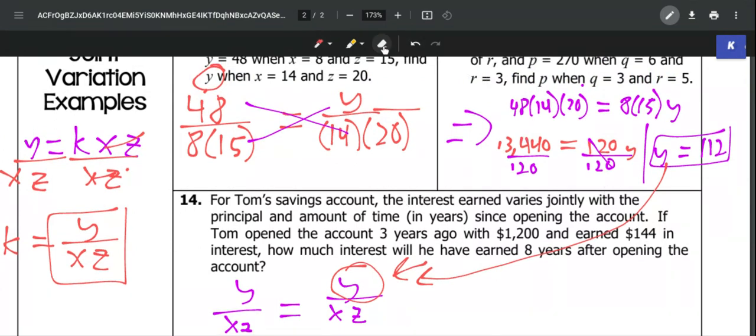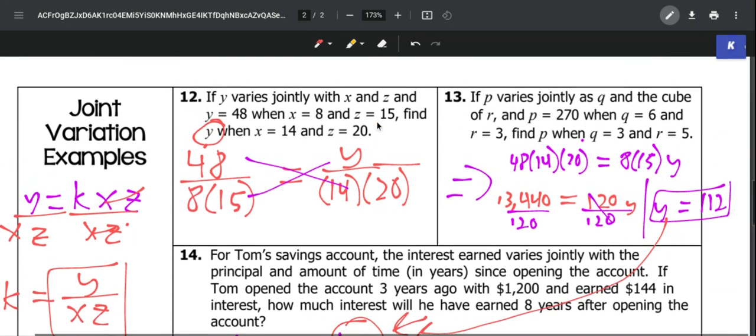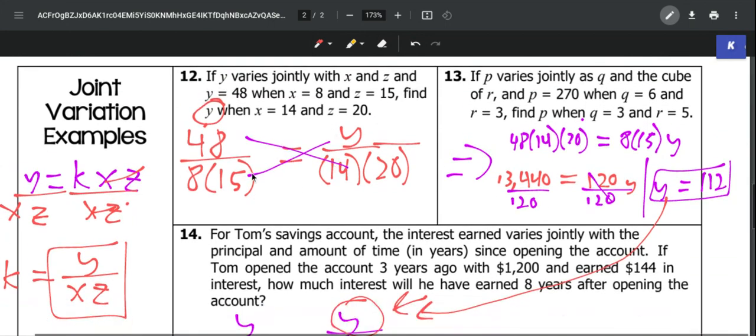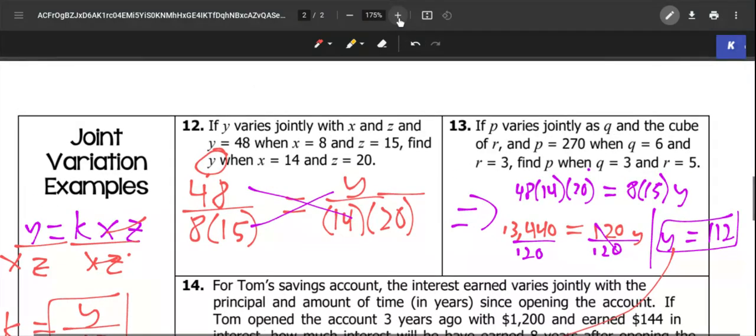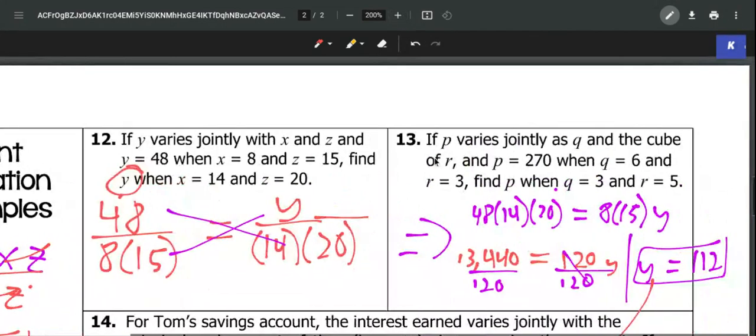So on joint variation problems, your cheat code for this is that you're just going to set up a proportion for these, and it can be with any variables. So if we look at 13, we've got if p varies jointly as q and the cube of r.